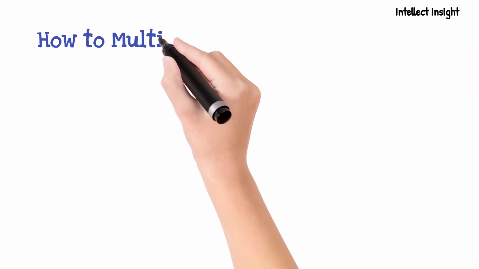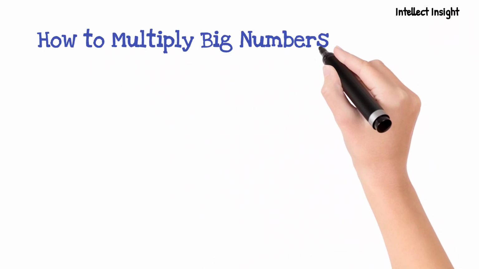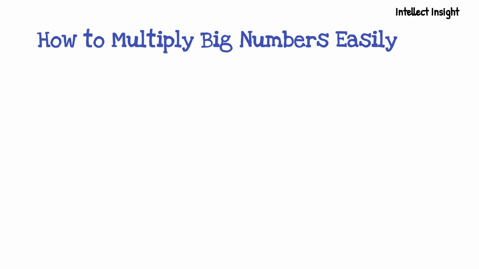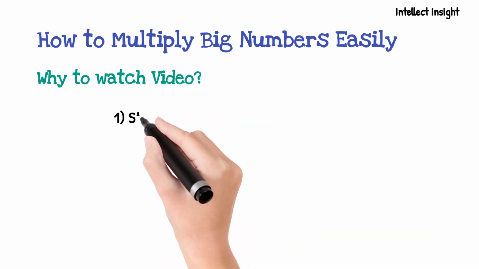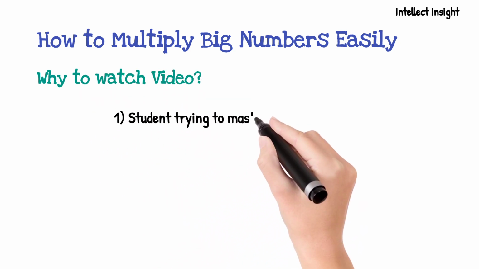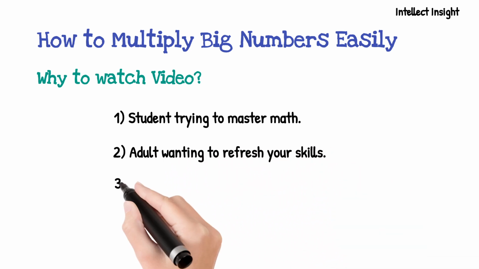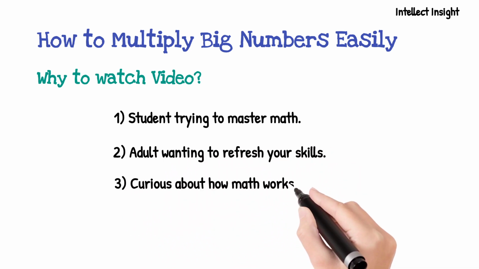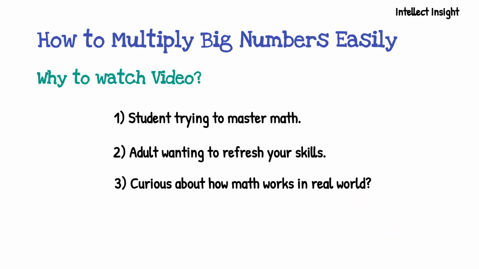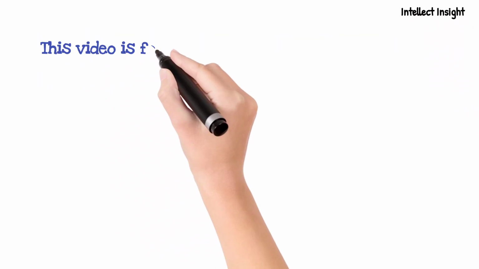Today we are going to explore how to multiply big numbers easily. Something that can seem overwhelming at first but becomes much simpler once you learn a few tricks. Whether you are a student trying to master math, an adult wanting to refresh your skills, or just someone curious about how math works in the real world, this video is for you.